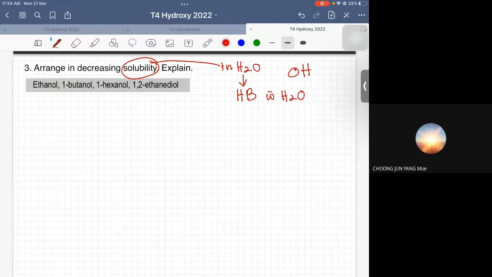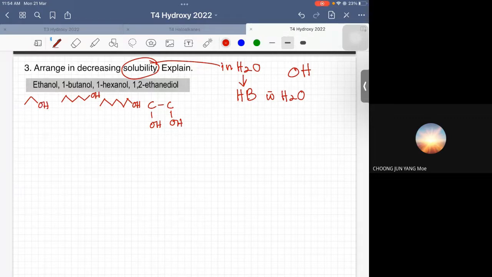it is soluble. Okay, yang paling soluble, tengok kat sini, ethane diol, OH, ada 2. Hexanol, 2, 3, 4, 5, 6, and then ada OH 1. Lepas tu, dia punya carbon chain tu panjang. 1, 2, 3, 4, OH. Ethanol, 1, 2, OH.